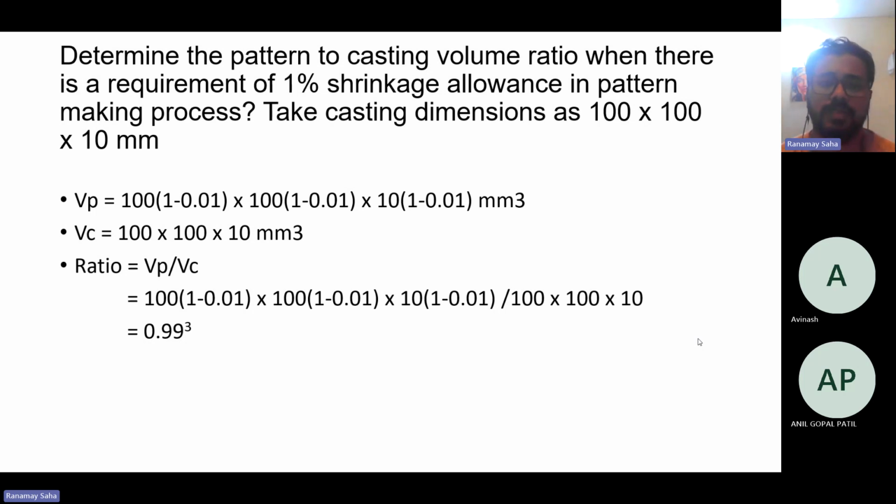To counter that, we give an allowance early on during the casting process. So the pattern volume must be lower than the casting volume, right? So the ratio of pattern to casting volume must be less than 1.